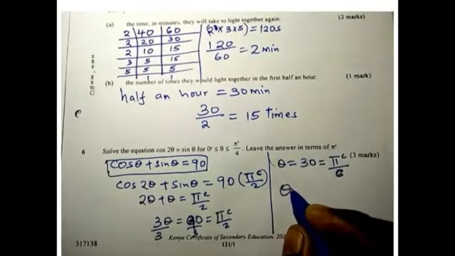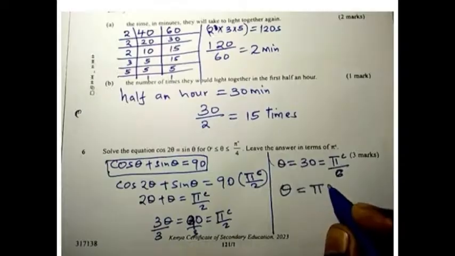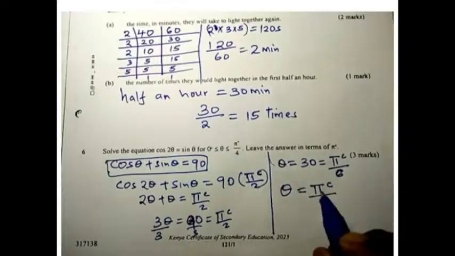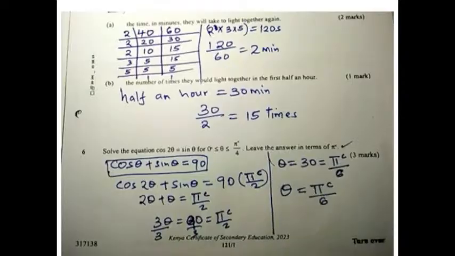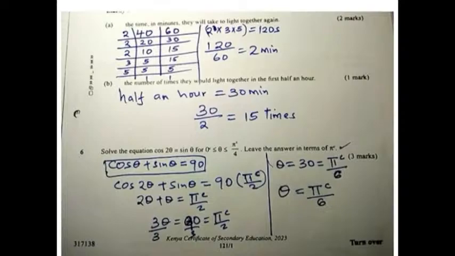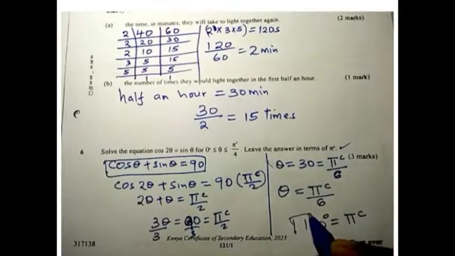So we were asked to find theta, and the answer is pi over 6, because the answer was supposed to be left in radians. Remember, 180 degrees is the same as pi radians. You should always remember that.